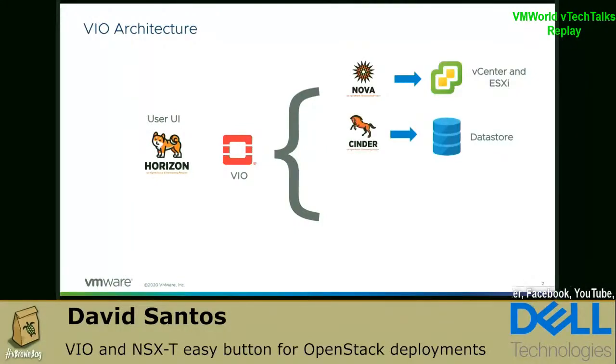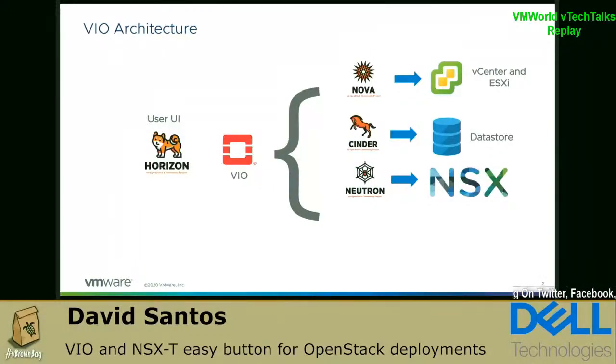And we have Cinder as the block storage. In VMware, Cinder will be provided by our datastore. So every time that we use a datastore, it will be used as Cinder block storage. Neutron will be provided by NSX.